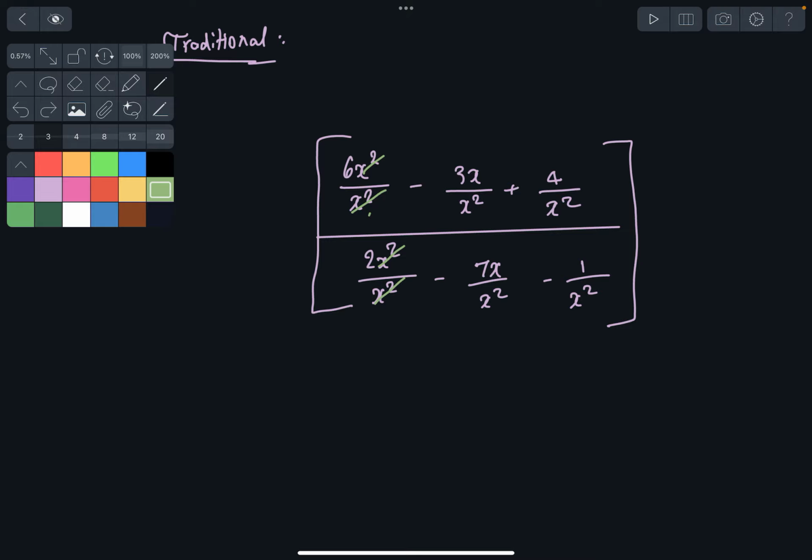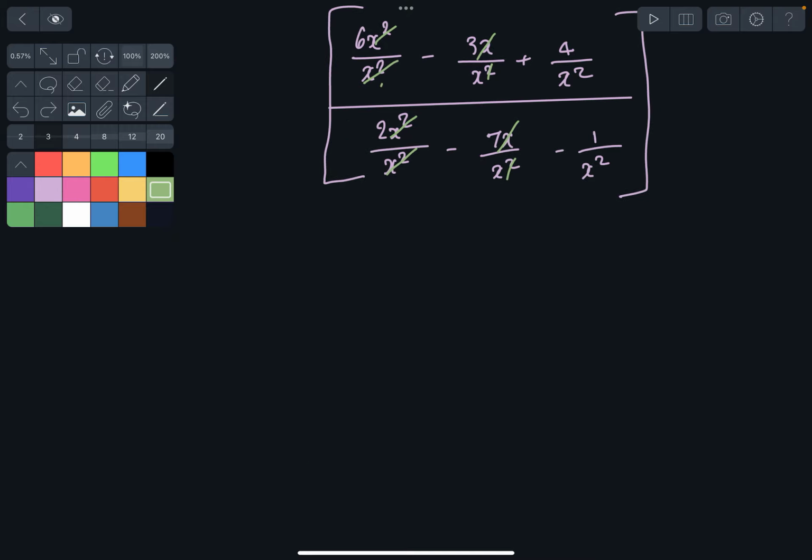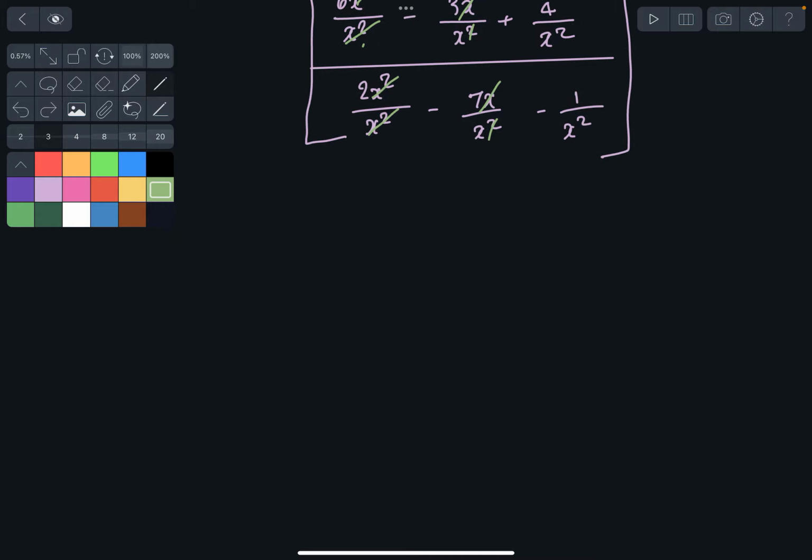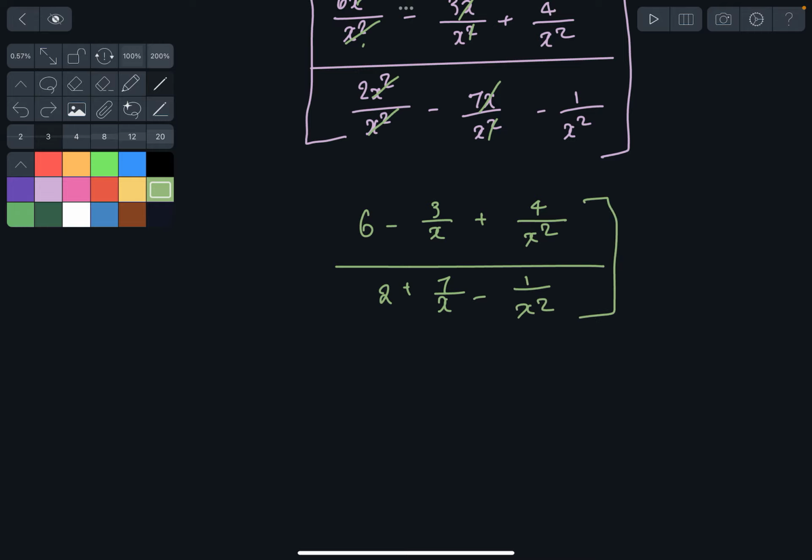These cancel out, 1x cancels out with one of the powers, and then here it's just 4 on x squared. Nothing's been able to cancel out. Same here with one of the powers. If you rewrite it, you get 6 minus 3 on x plus 4 on x squared, whole thing over 2 plus 7 on x minus 1 on x squared, as the limit of x approaching infinity.